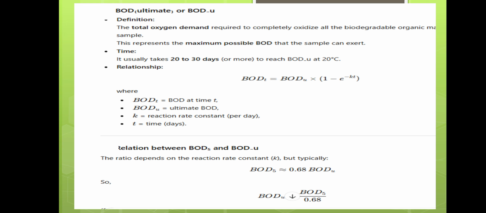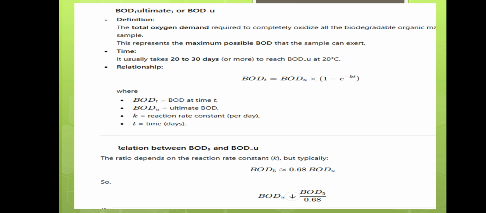Okay, so now I am again repeating the formula. BODT is the BOD at the exact time, for example BOD5, and BODU is the ultimate BOD, where the total organic compound will get decomposed. And here e represents the base of log, that is 10, and minus kt.